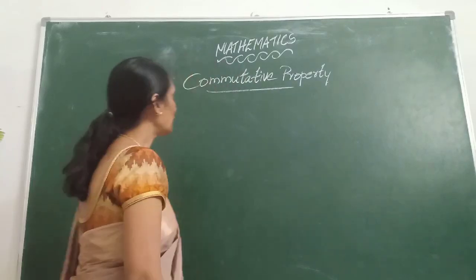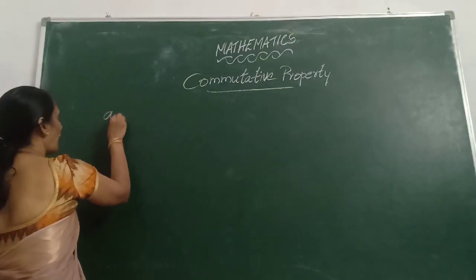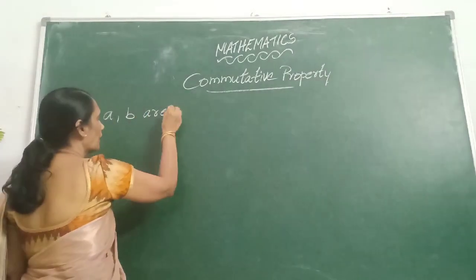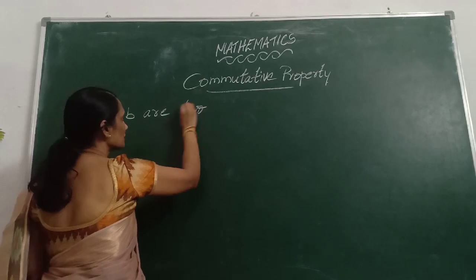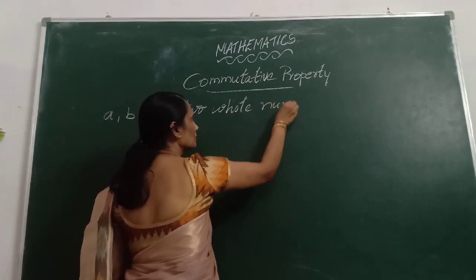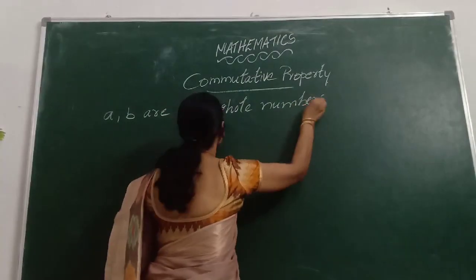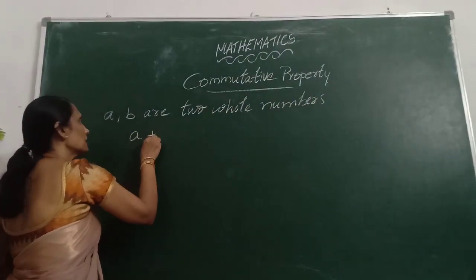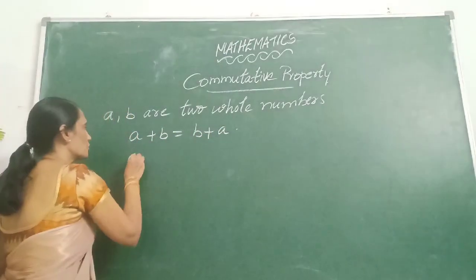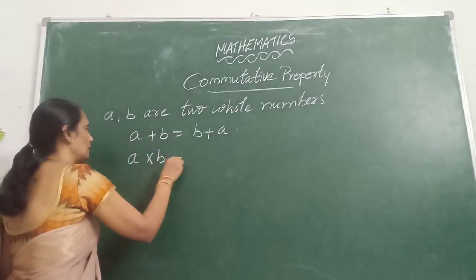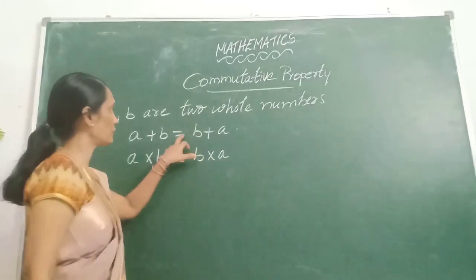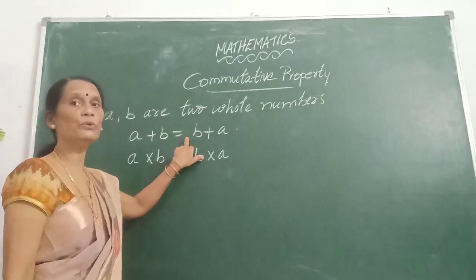That means if A and B are two whole numbers, then we can say that A plus B equals B plus A, and also A into B equals B into A. So we say here that addition is commutative.